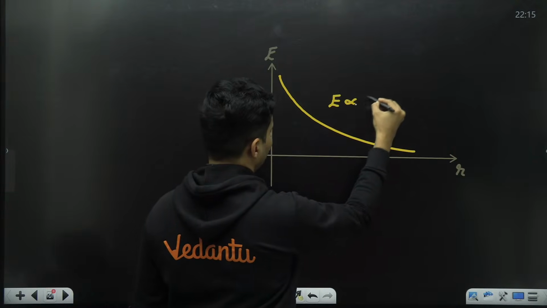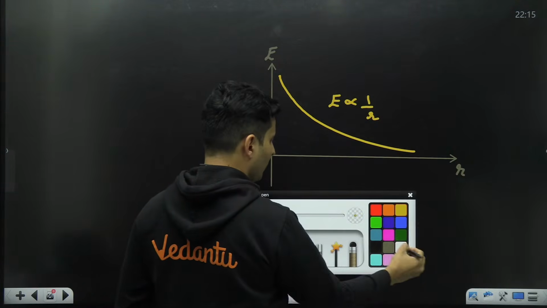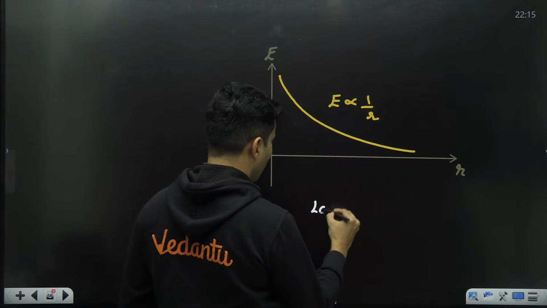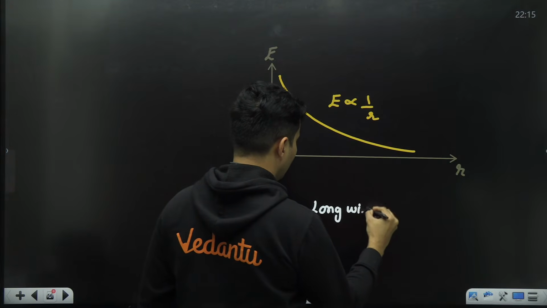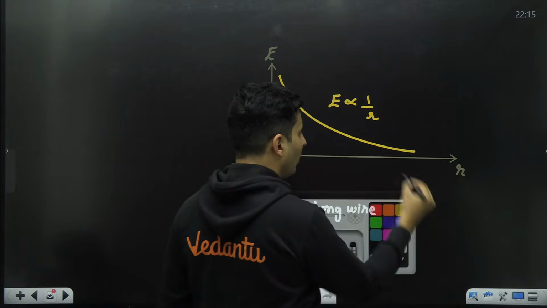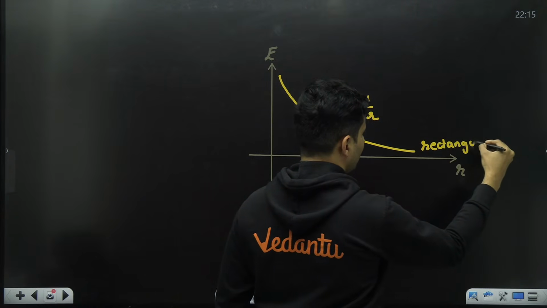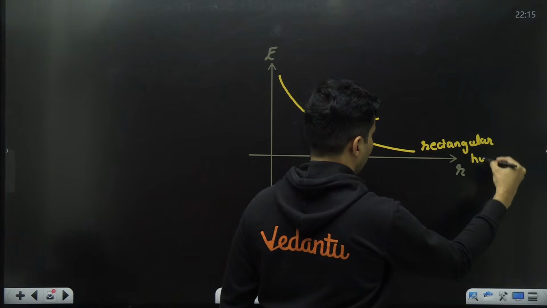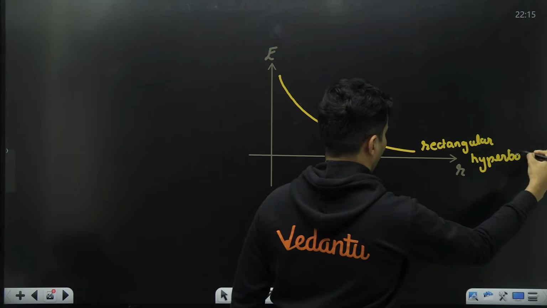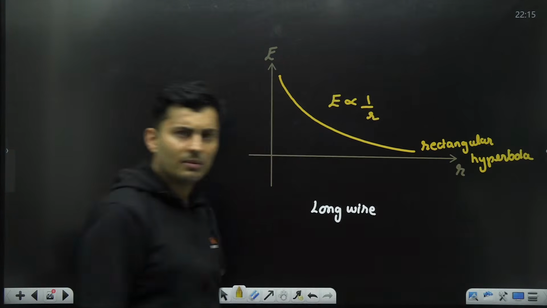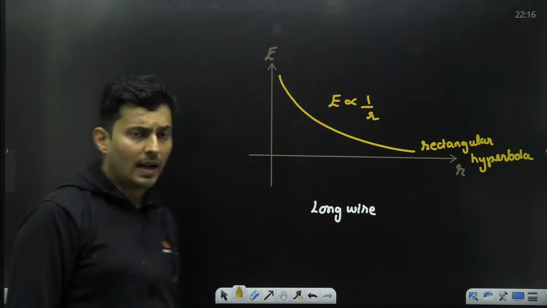The electric field will be inversely proportional to R for a long wire. If you ask me what is this curve, it is a rectangular hyperbola. Whenever you have inverse relation with the power 1, it is a rectangular hyperbola.